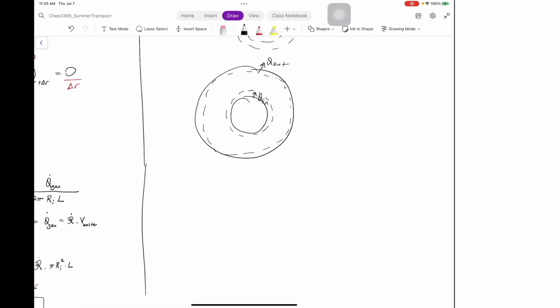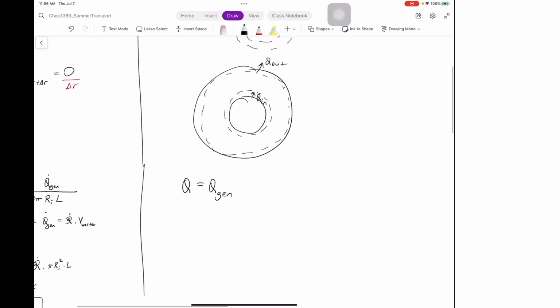you can say that Q must be equal to whatever is being generated within the waste. As we said here, this entire generation in the waste should be released to the steel, and the Q within the steel must be equal to that total amount of generation per unit time.